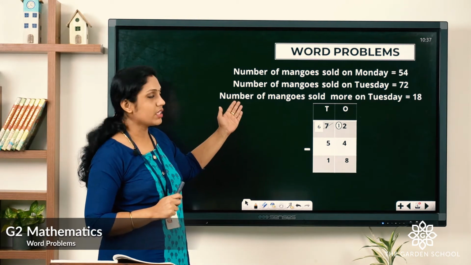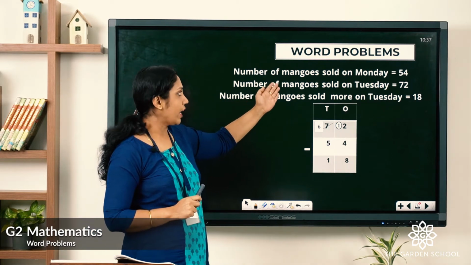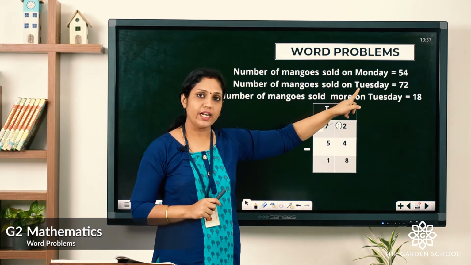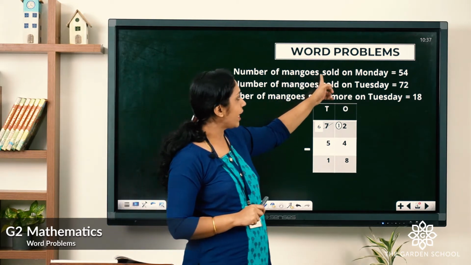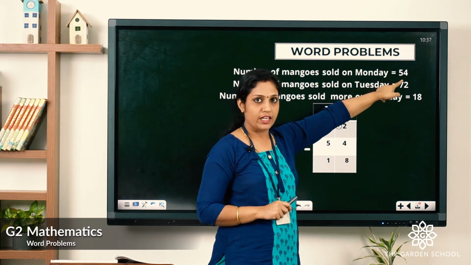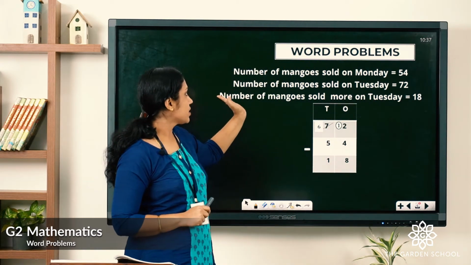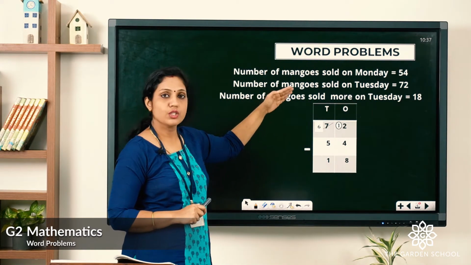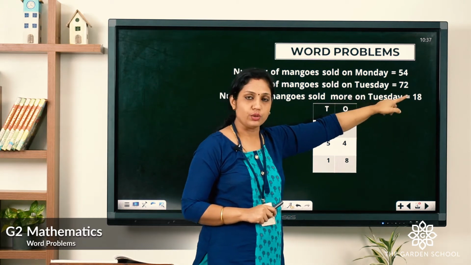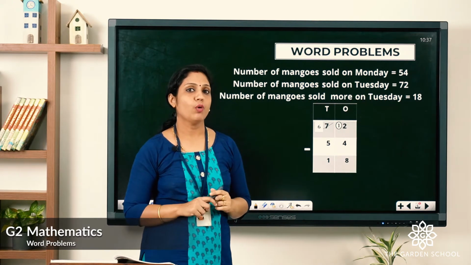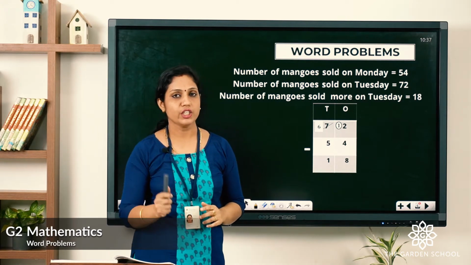Now let's check the first step. Number of mangoes sold on Monday. How many mangoes did he sell on Monday? It's 54. So write the step and the number there. Next step, number of mangoes sold on Tuesday is 72. We have to find out the more number of mangoes that was sold on Tuesday.